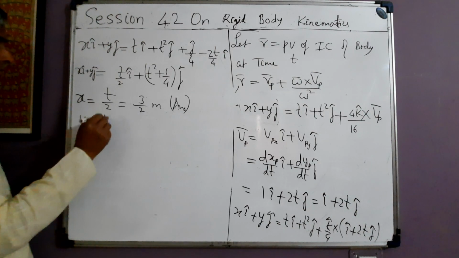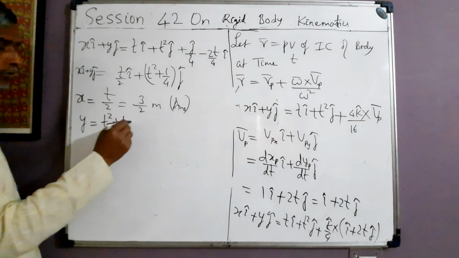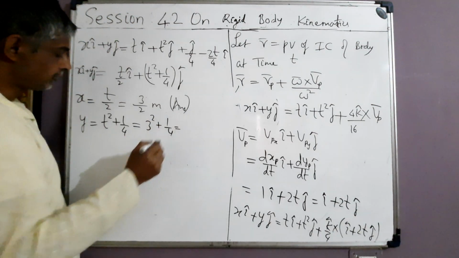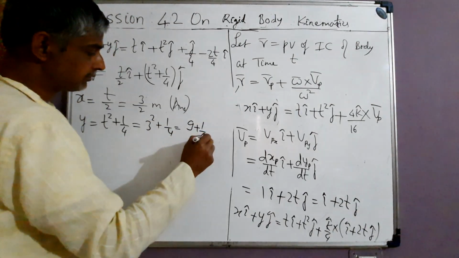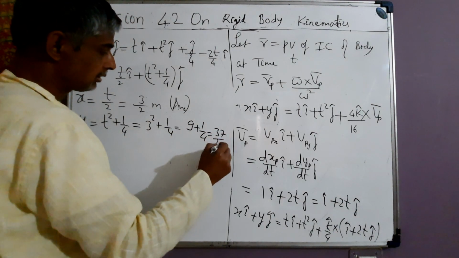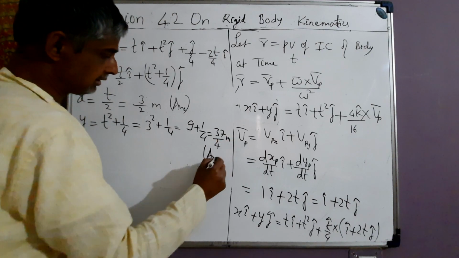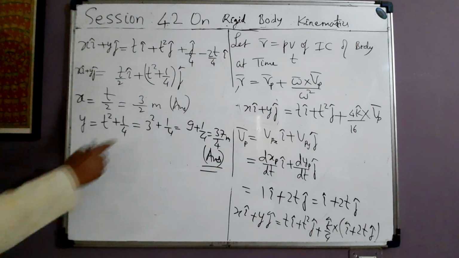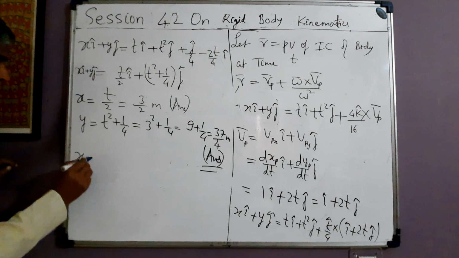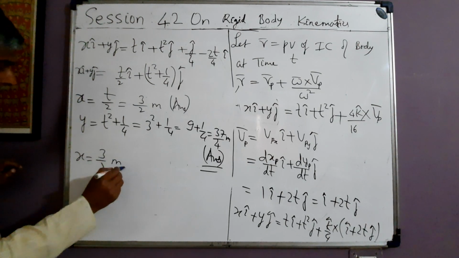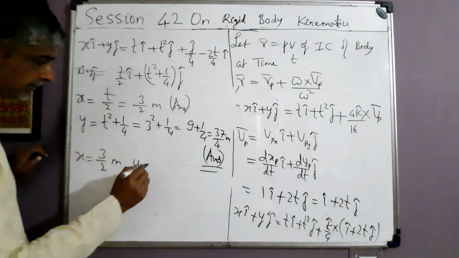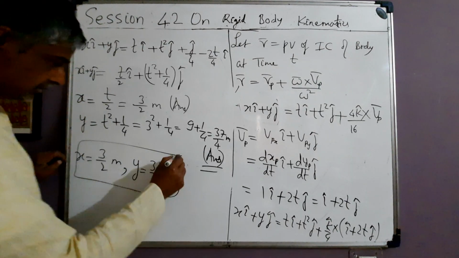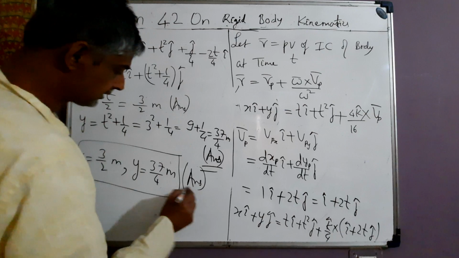Then y is equal to t square plus 1 by 4, and t is 3 seconds. 3 square plus 1 by 4, 9 plus 1 by 4, 37 by 4 meter is the required answer. So the x coordinate of IC at time t is 3 by 2 meter, and the y coordinate of IC is 37 by 4 meter. This is therefore the required answer.